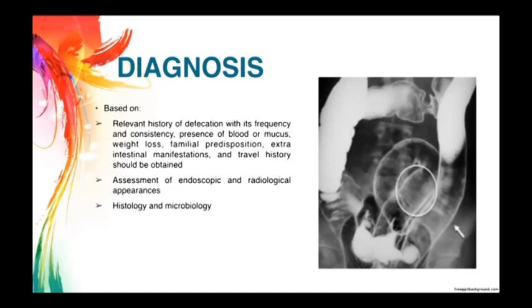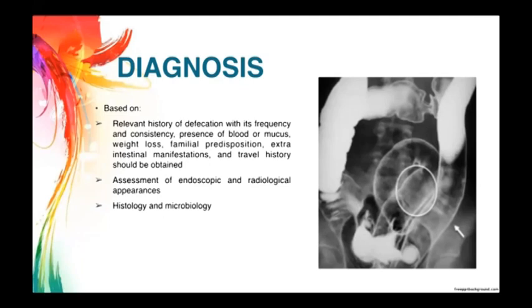Ulcerative colitis is diagnosed based on history, assessment of endoscopic and radiological appearances, histology, and microbiology. The X-ray here demonstrates loss of haustral folds, that is, the normal folds of the intestine, in the entire descending colon. See the white arrow there, with a granular appearance to the mucosa, suggesting small ulcerations.